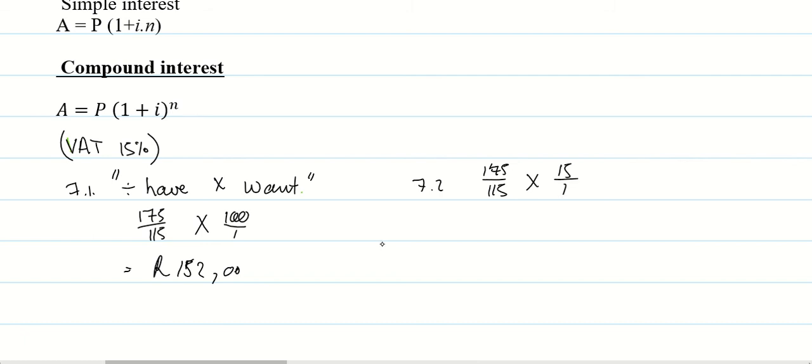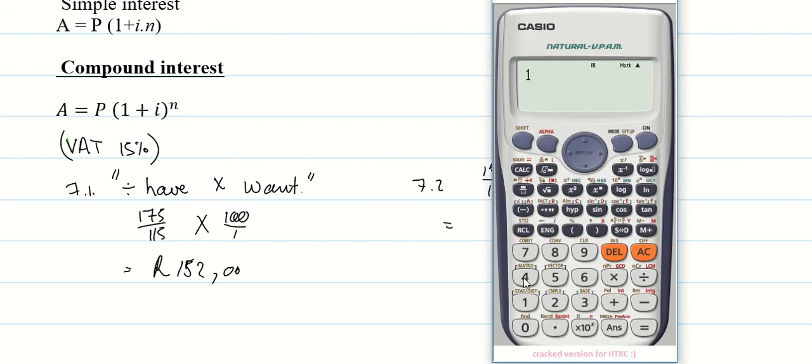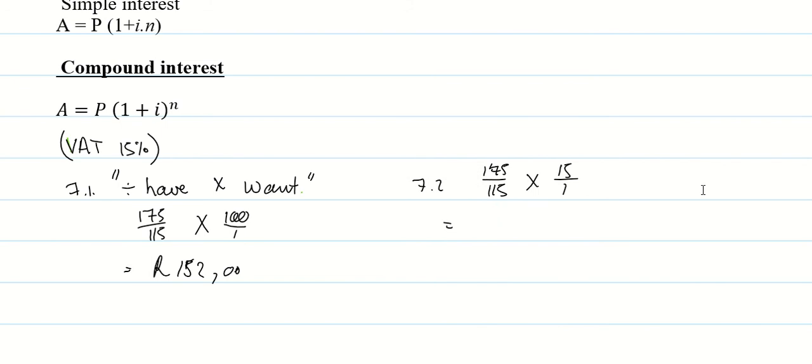I go to my calculator once again, and I say 175 divided by 115, and I multiply by what I want, and that is the 15%. That will be equal to 22.883.